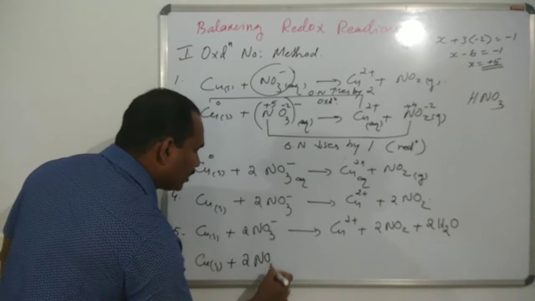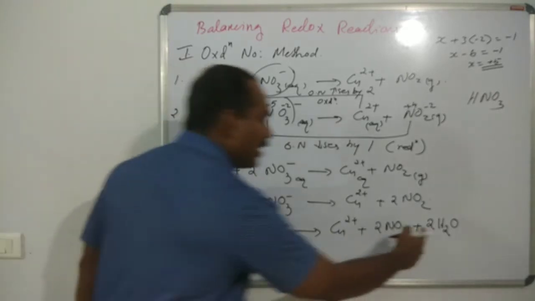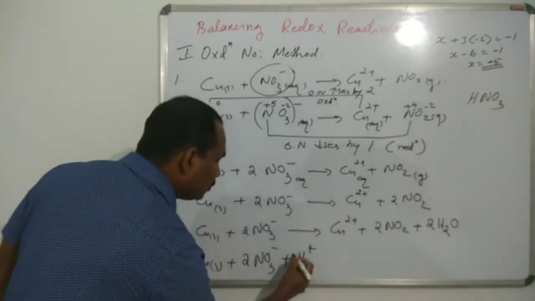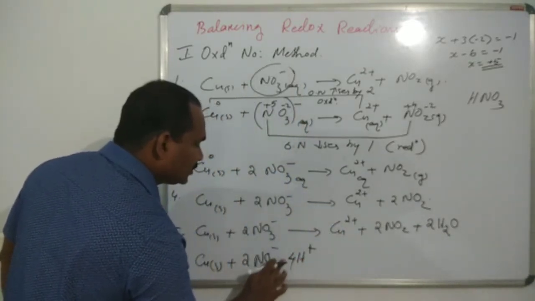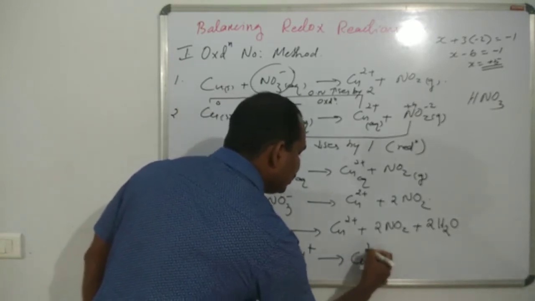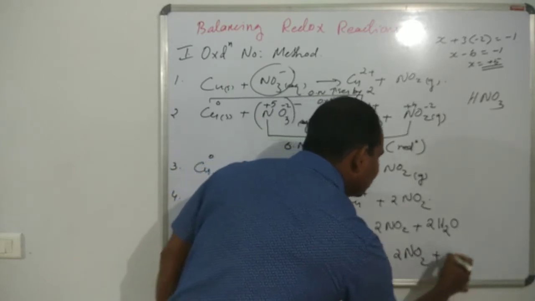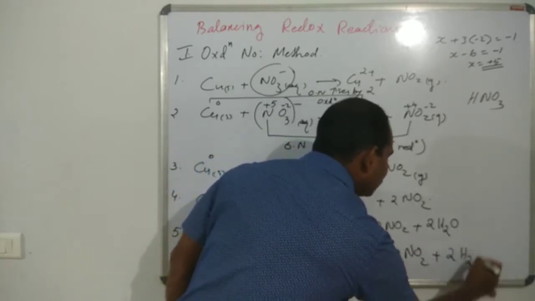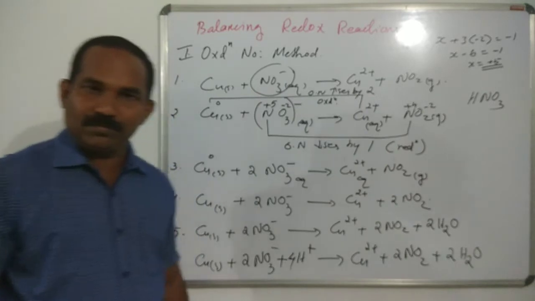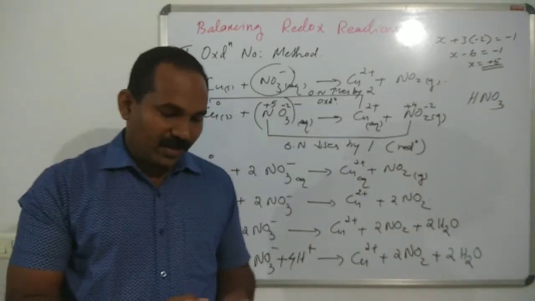Add appropriate number of hydrogen ions. How many hydrogen on the right side? 2 into 2, so 4 H plus. 4 H plus gives Cu2 plus 2 NO2 plus 2 H2O. Okay, this is the balanced ionic equation.